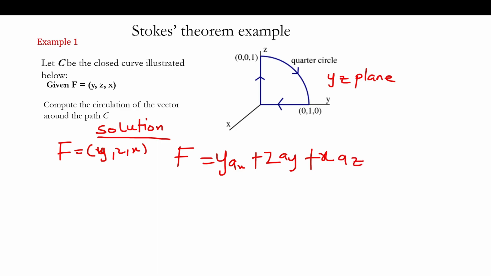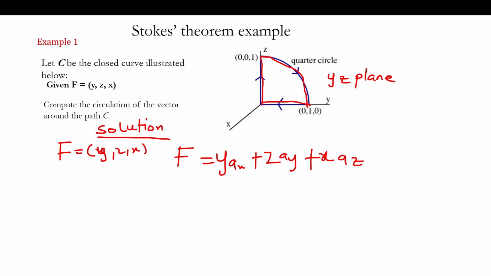Looking at the loop, we have three parts or pieces within the loop. The first one being straight up the z-axis, that is the top. The second one being a quarter circle, the arc we have here, and then straight back along the y-axis, so left.